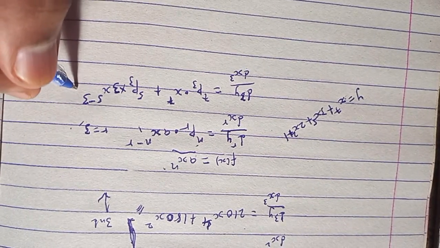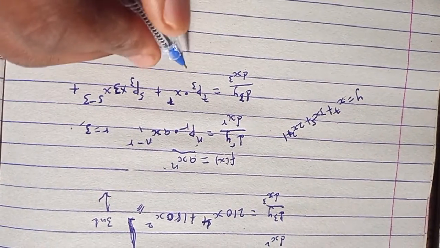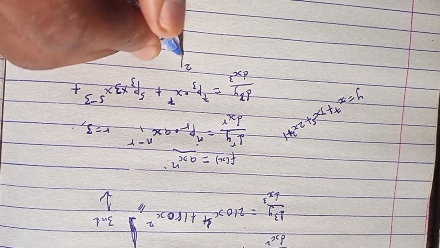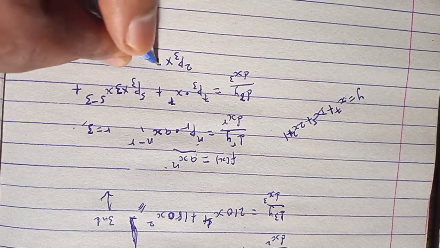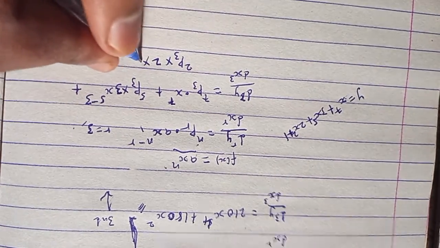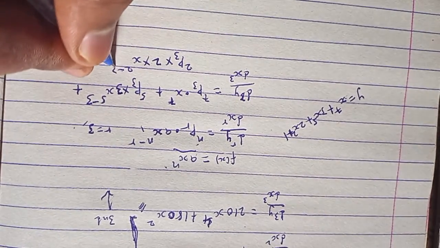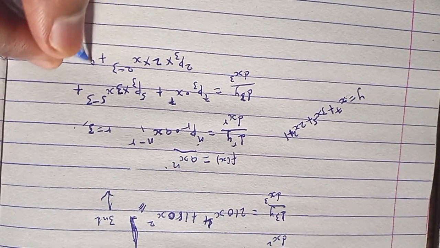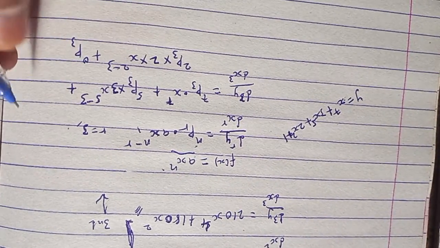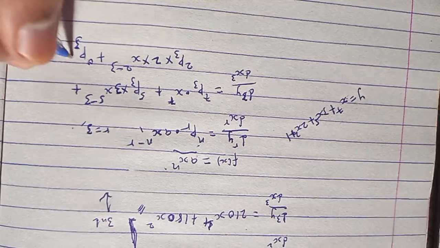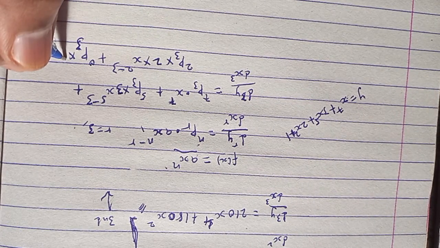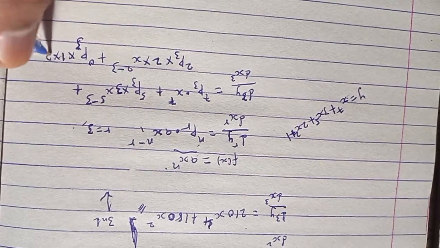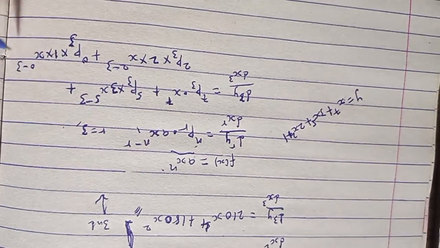Have you seen that, guys? Then that one will be plus 2 permutation 3 times 2 times x to the power 2 minus 3, plus 0 permutation 3 times 1 times x to the power 0 minus 3.